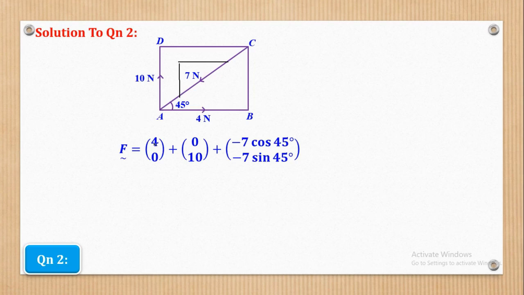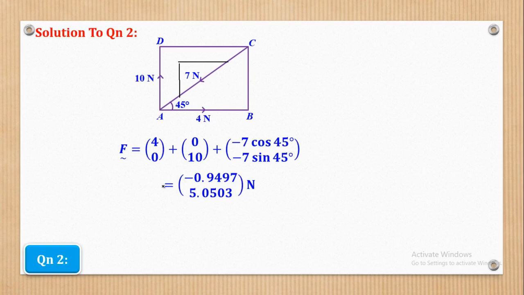Now when we add 4 plus 0 plus negative 7 cos 45 degrees, we shall come up with negative 0.49497. And when we add 0 plus 10 plus negative 7 sine 45 degrees, we shall come up with positive 5.0503 newtons.